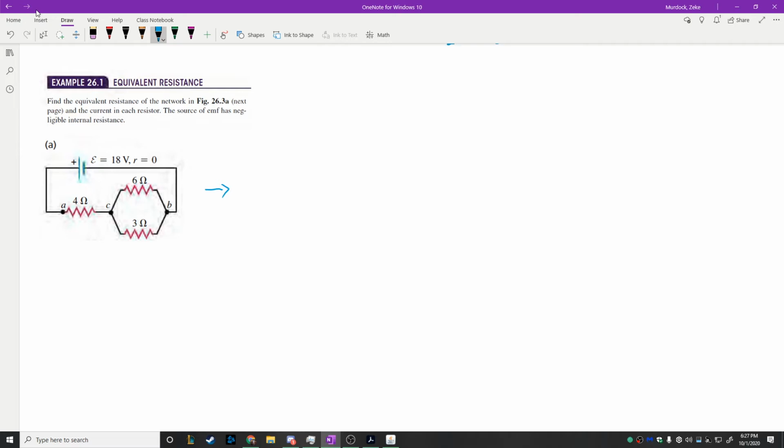Are they connected in parallel or series? They're parallel, right? So if they're in parallel, what do they turn into? We still have our 4 ohm resistor here. What do those two crunch down into?